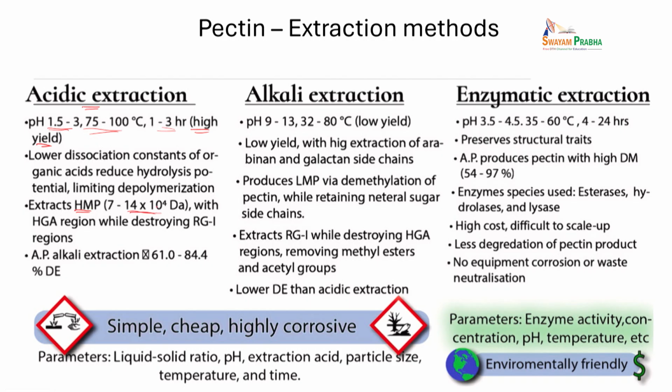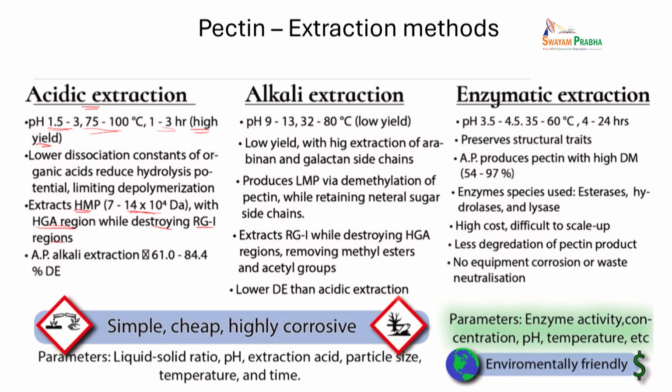The molecular weight can go from 10^4 to 10^5 daltons, and in this acidic extraction, you predominantly get the homogalacturonic acid, which is a linear smooth region, while you destroy most of the amorphous or rhamnogalacturonic acid.